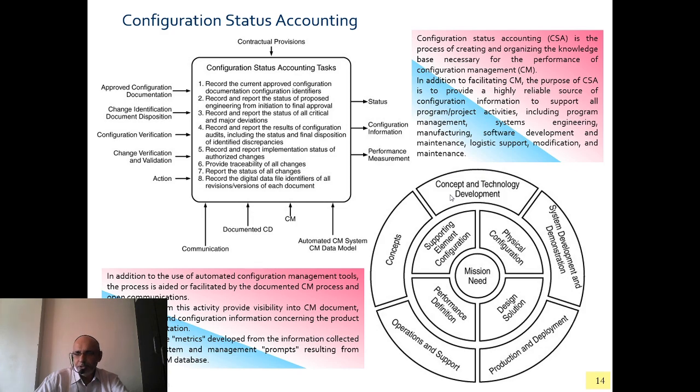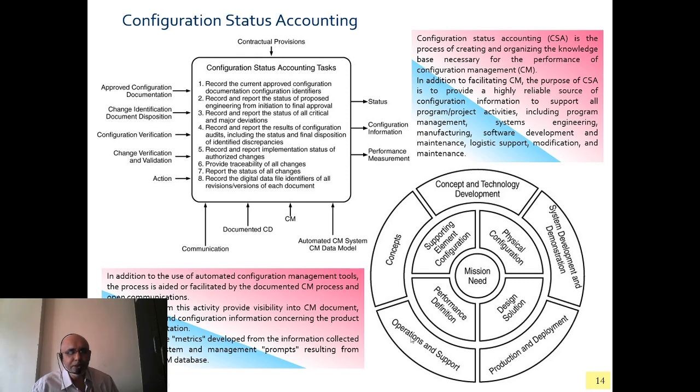If technology is not there, or if the concept is not described thoroughly, then you begin with the concept and technology. Then system development, production and deployment, and then later on after deployment, here comes the job of maintenance engineers, that is operations and support, right?